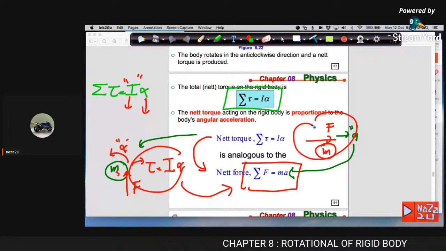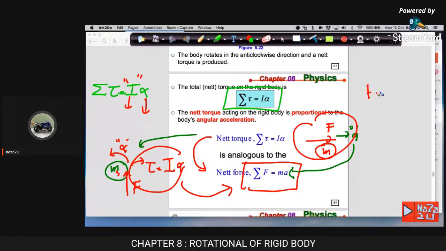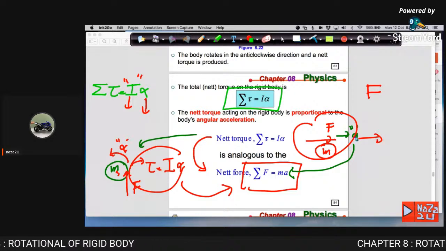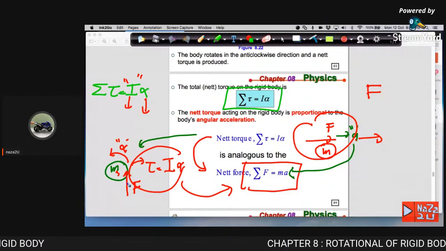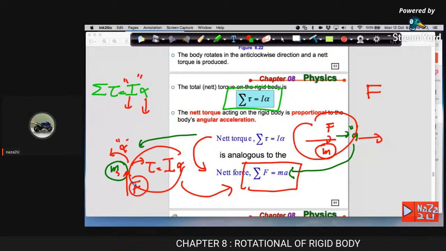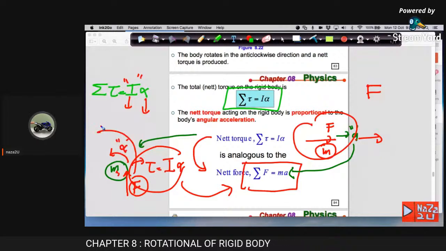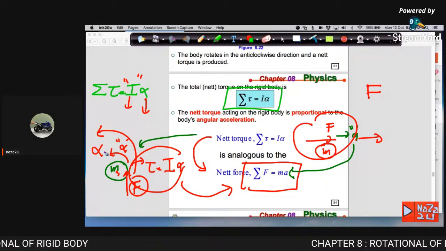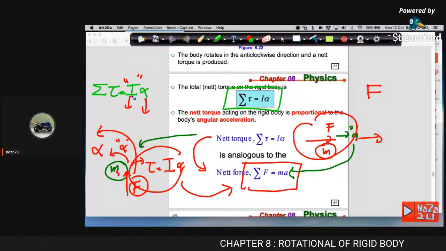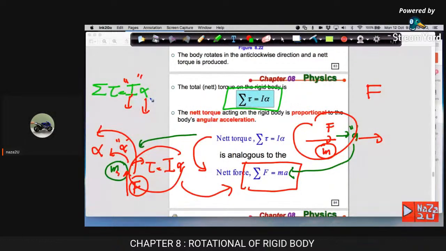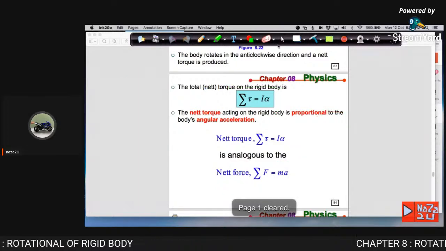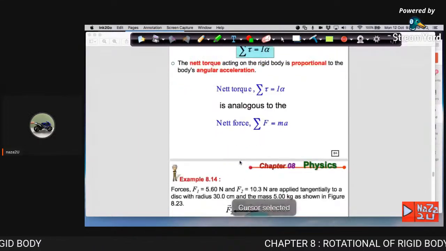Kalau dalam chapter 3, force itu digunakan untuk memecutkan jasad, acceleration A. Kalau dalam tajuk rotational motion, force ini digunakan untuk memusingkan jasad dengan angular acceleration alpha, dengan syarat kita tahu nilai moment inertia I. Okey kelas, ini yang diterangkan oleh net torque dengan net force.